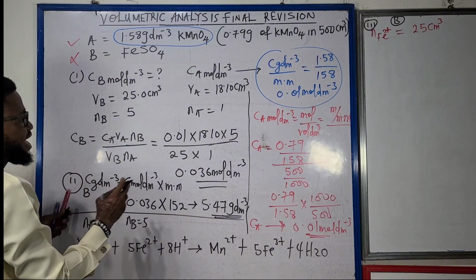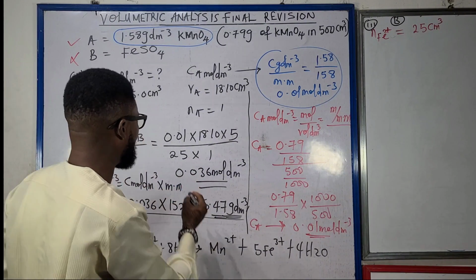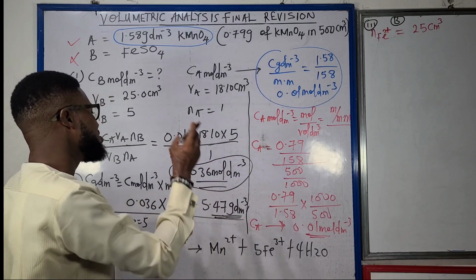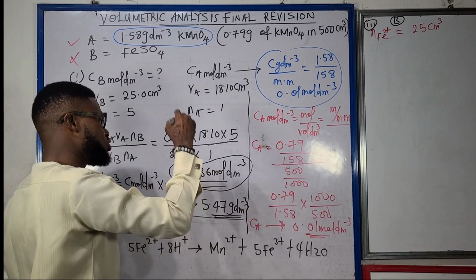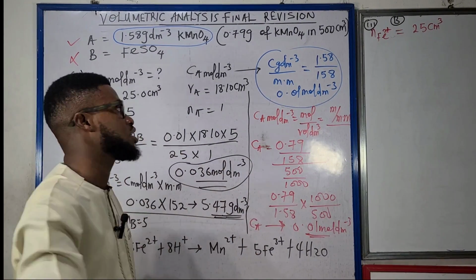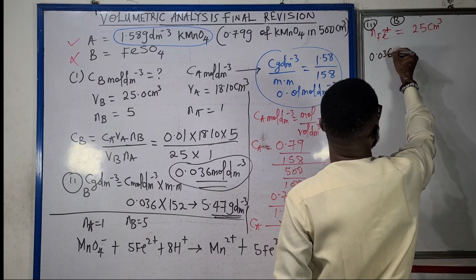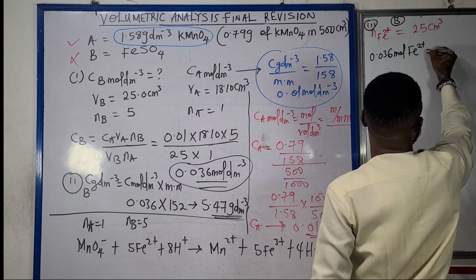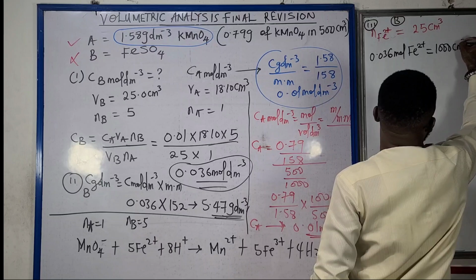Since I'm dealing with B, talking about iron sulfate, then I have to make use of the concentration of that B in mole per dm cube. The 0.036 mole per dm cube here means that we have 0.036 mole of iron 2 ion inside 1 dm cube. 1 dm cube means 1000 cm cube. So what this means is that we have 0.036 mole of Fe2+ in 1 dm cube, which is 1000 cm cube.